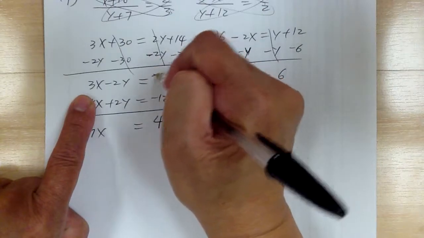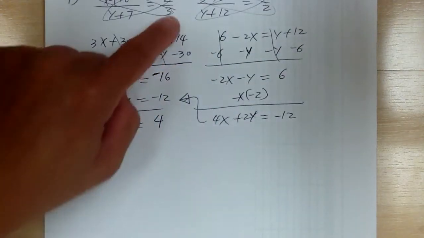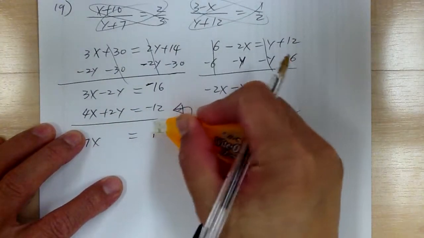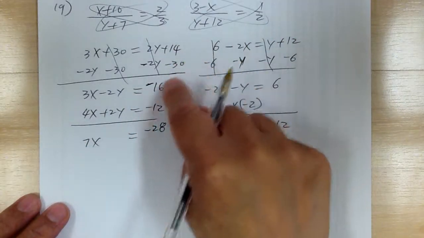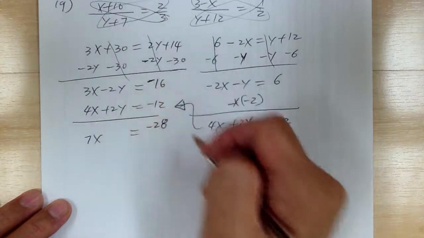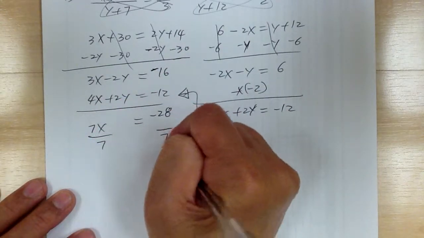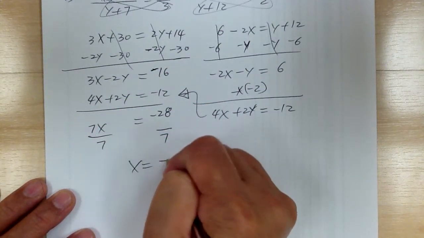Oh, this is negative right here. Okay, there we go. So this would be negative 28. So you have to watch for little mistakes. So this must be negative. So divide by 7, divide by 7. So x equal to negative 4.